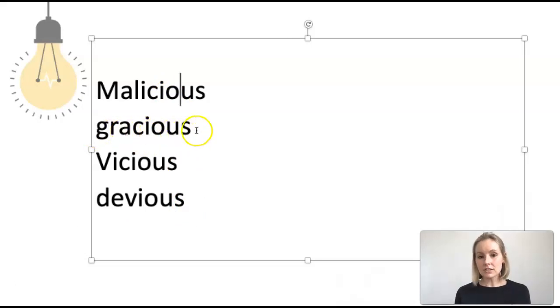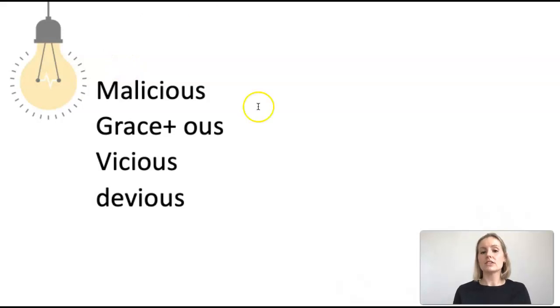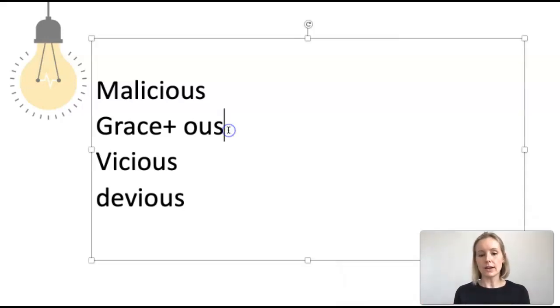So gracious is related to grace, okay? And we need to explicitly tell the children this. So we take off the OUS. This is a linking I. It's actually grace plus OUS. So you can either go from the whole word gracious and break it apart, or you could say to them, gracious is grace plus OUS.